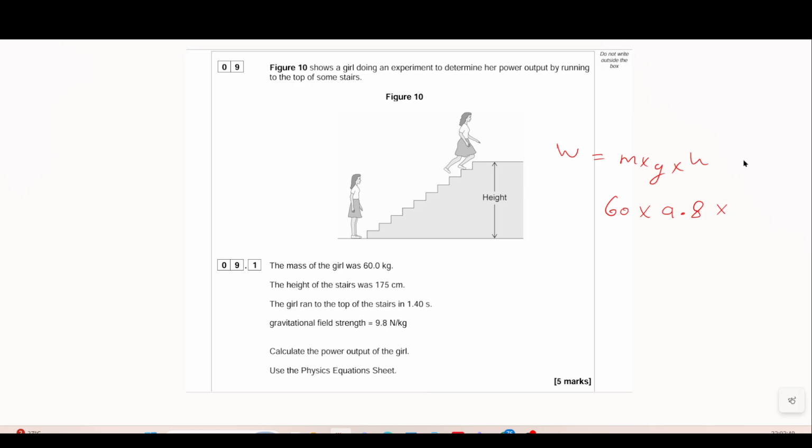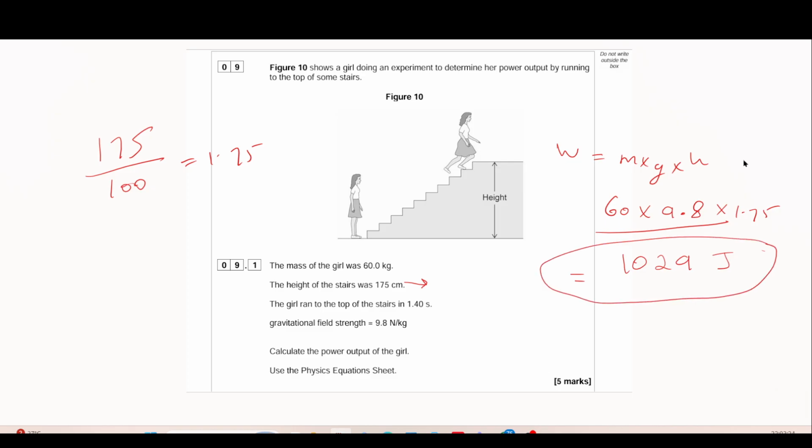Do I have to put 175 centimeters in meters? Yes, convert it into meters. 175 centimeters equals 1.75 meters. So 60 times 9.8 times 1.75. Do I have to convert kilograms to grams? No, that's fine, that's the standard. That equals 1029. That's gravitational potential energy, GPE.